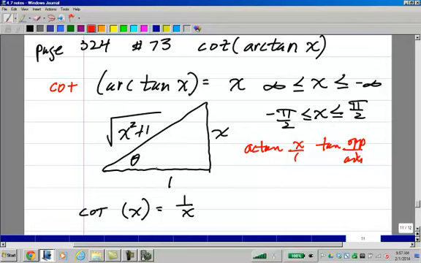So we construct a right triangle where the opposite is x and the adjacent is 1. Okay. And so here we have, and here's theta. This is a right triangle. Therefore, h, the hypotenuse, equals the square root of x squared plus 1. Okay? And the cotangent of this is simply going to be 1 over x.